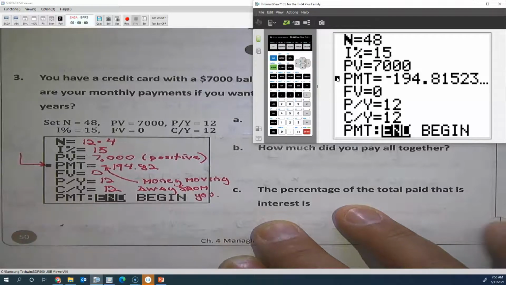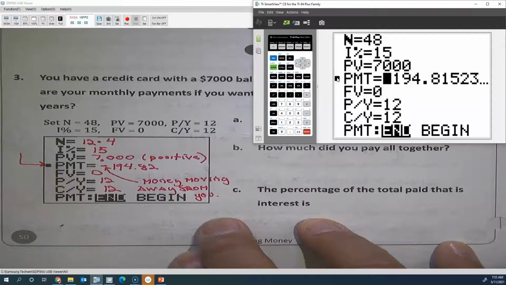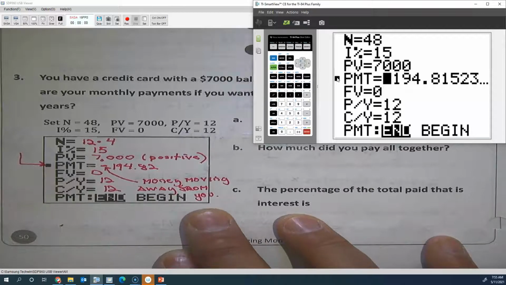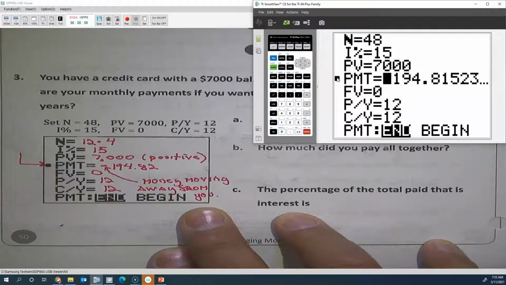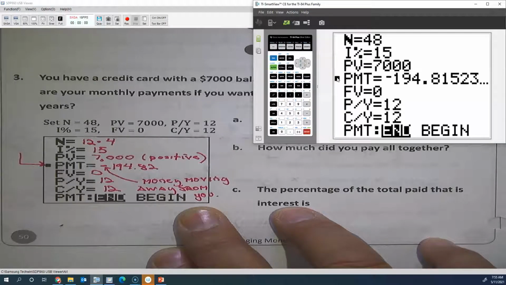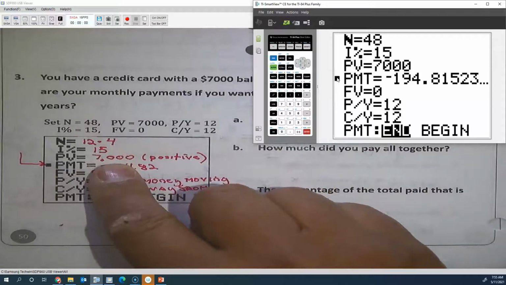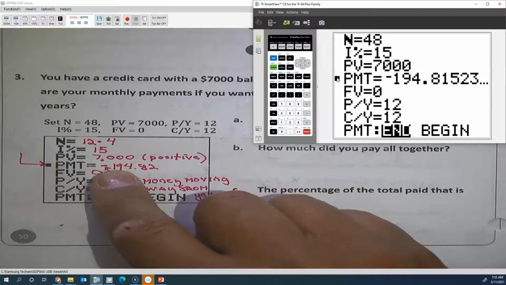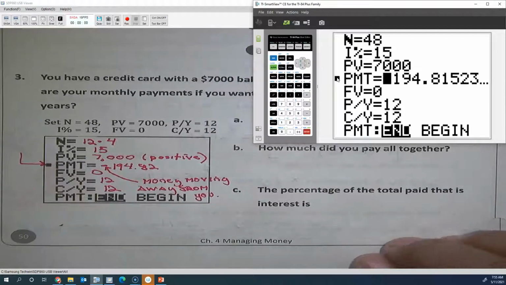That's how you represent money moving away from you when you're using a cash flow model. The positive and negative is indicating which way the money's going. So $7,000 came to you, and now you got to pay $194.82 a month.